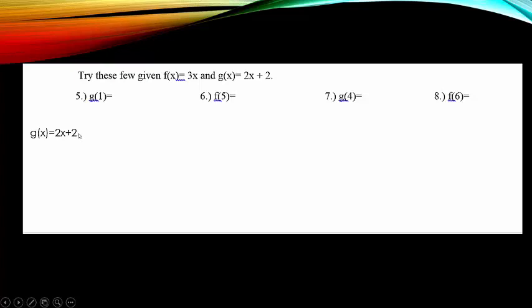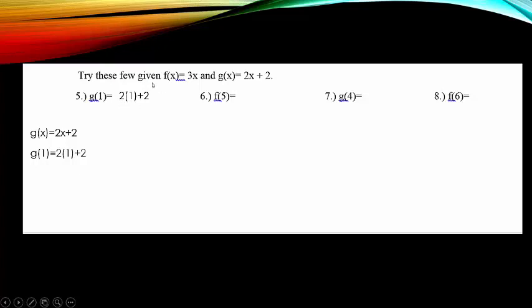That's the formula. Since they want g of 1, you need to figure out, okay, 1 is the input. So where I see an x is going to become a 1. So this is going to be my output.